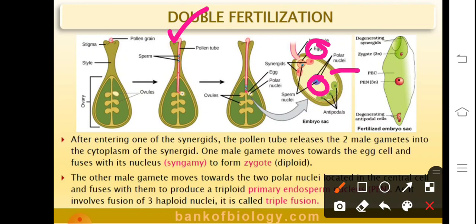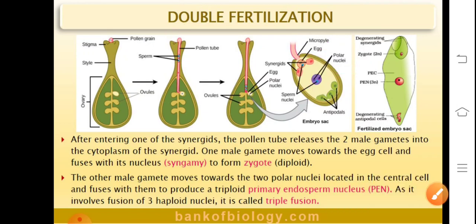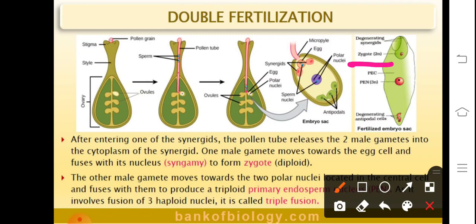Now this fusion of the male gamete with the egg results in the formation of the zygote, which is 2N, that is diploid in nature. Whereas the polar nuclei and the sperm nucleus fuse to form the triploid endosperm, which is referred to as the primary endosperm nucleus, that is PEN.